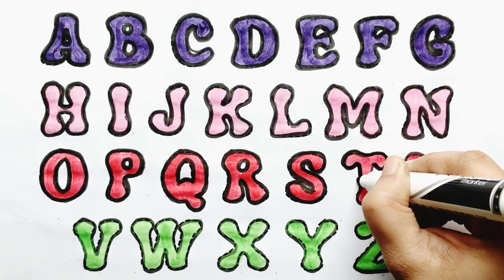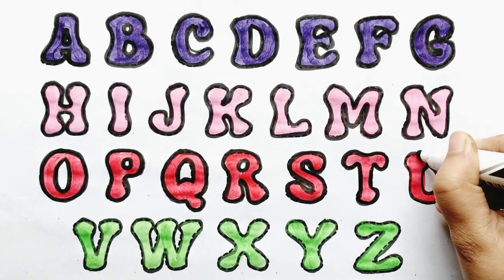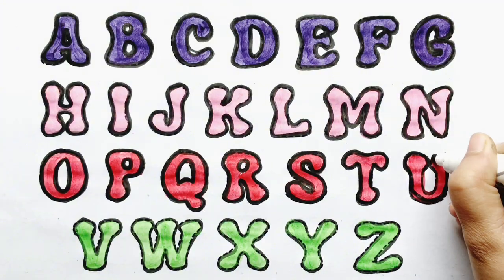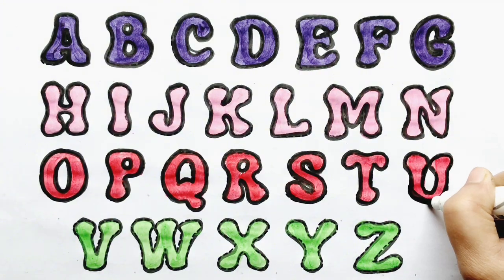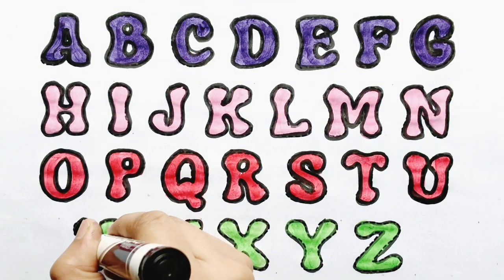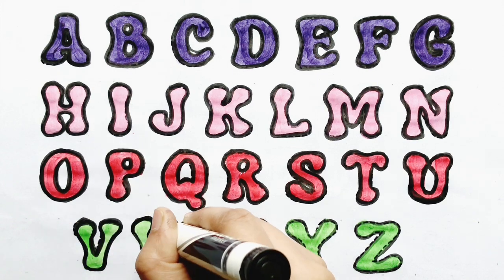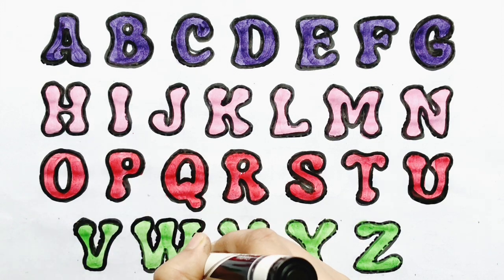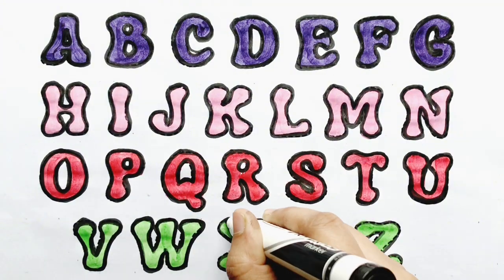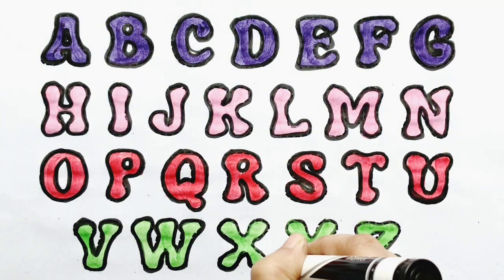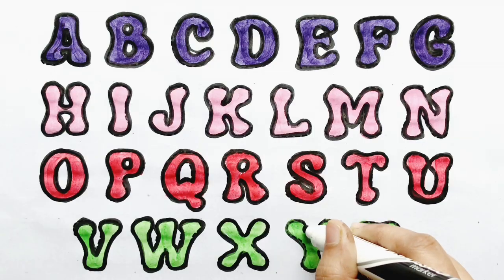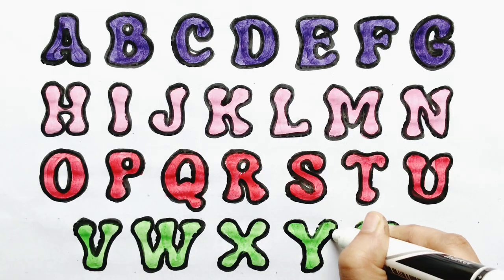Ant. Amazing. Art. Apple, angel, address, animal, answer. April, autumn, ambulance, airplane, arrow, alligator, ant. Amazing art.